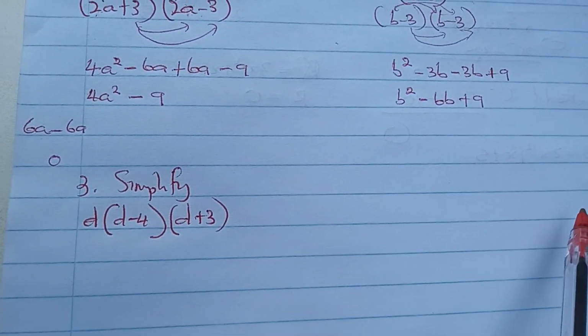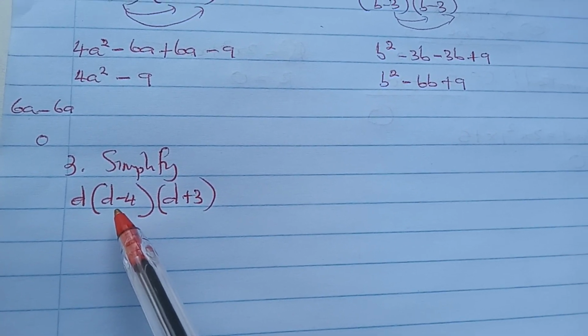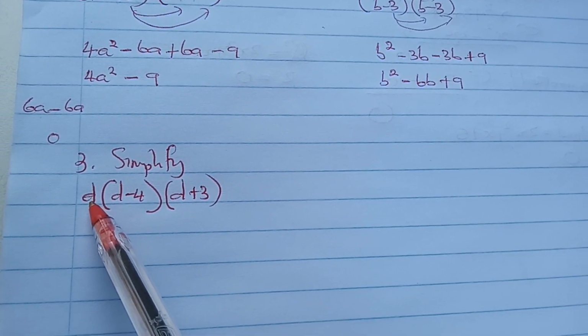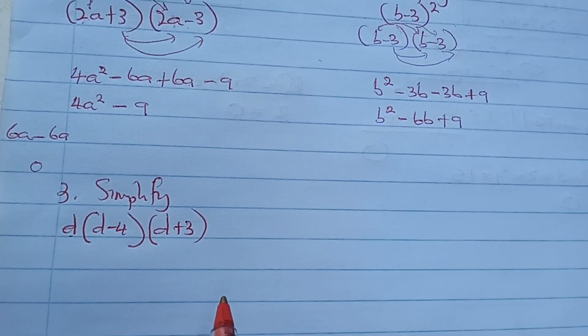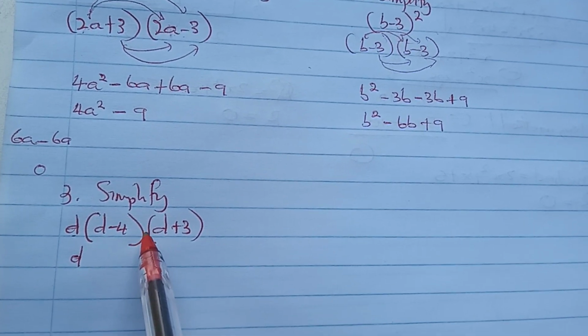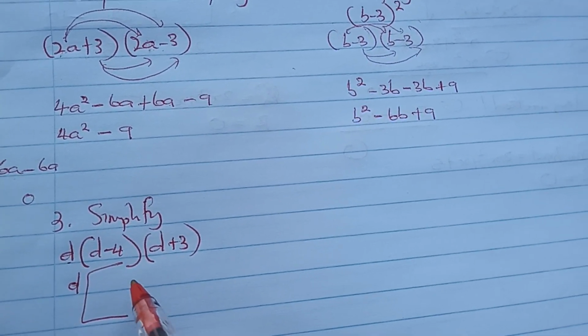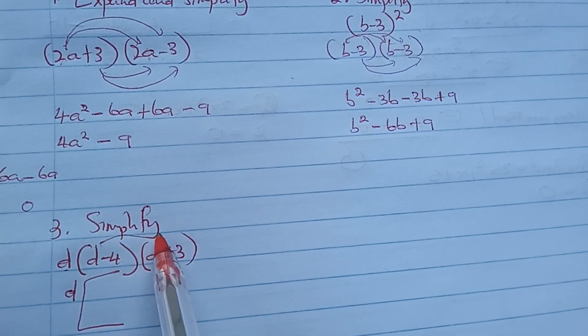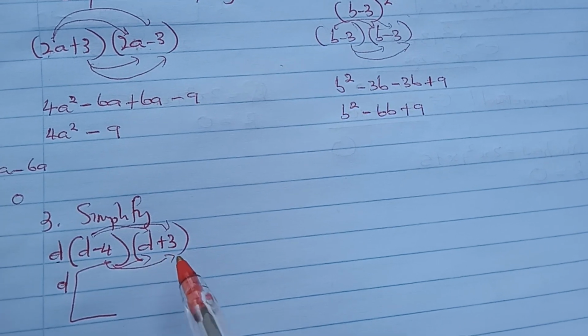Okay, so then the term in front, we just bring it down as it is, d, and then deal with what is in the brackets. Okay, so this d by this, that by this, this by this, and this by that.